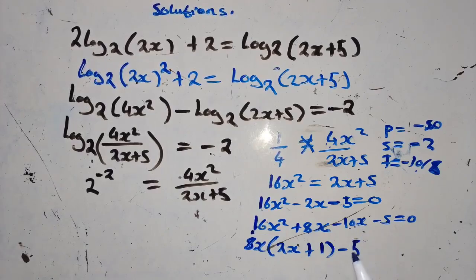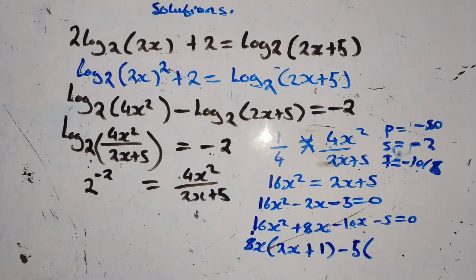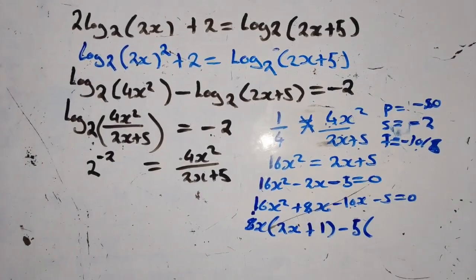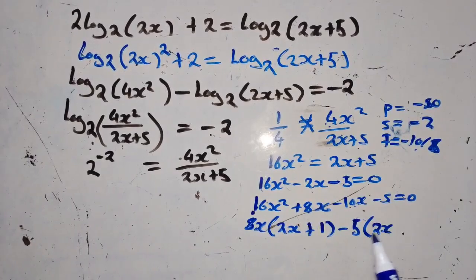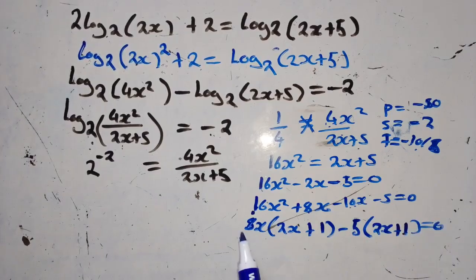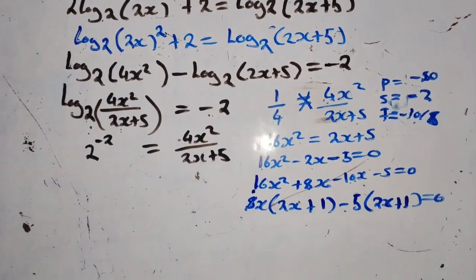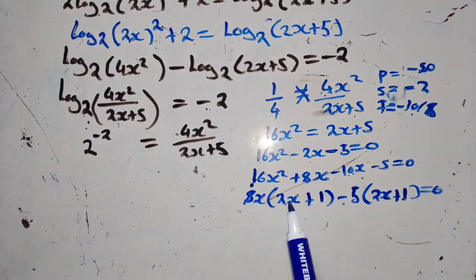Negative 5 into negative 10x gives us a positive 2x, and negative into negative gives us positive, 5 into 5 gives us 1, is equal to 0. Then you just get this and this. You can also get one of these if you want, but they are one and the same, so they won't affect anything. Even if you get this or this, your answer will be the same.